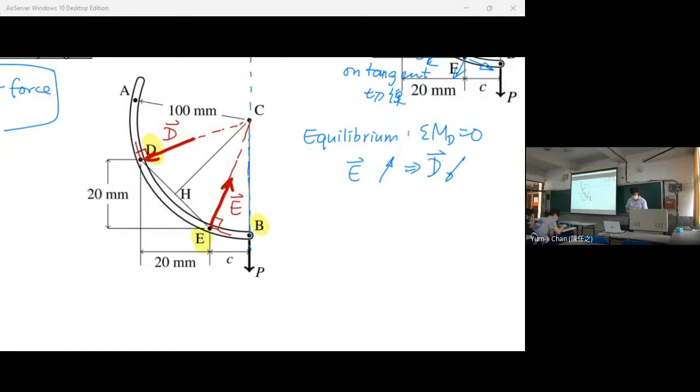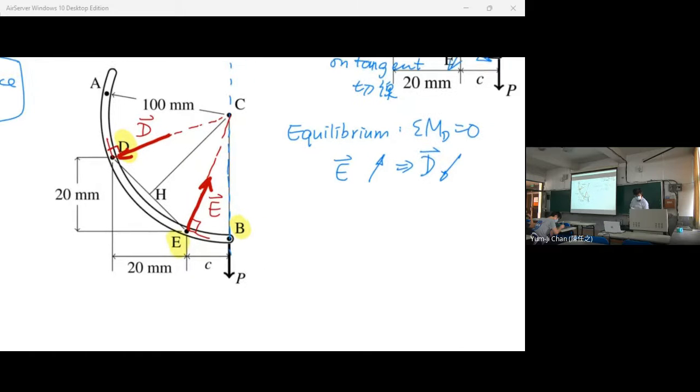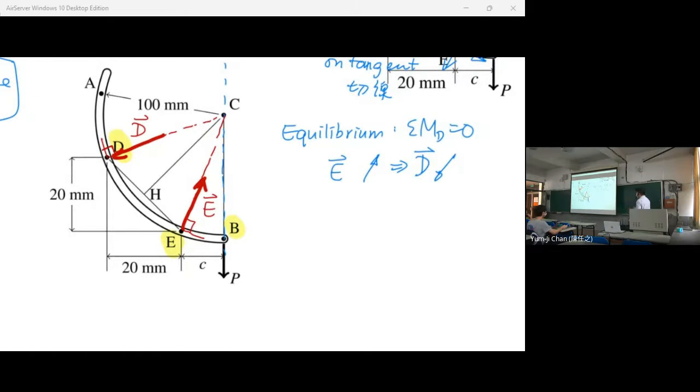We don't know the angle of this one, this one and this one. We have quite a lot of unknowns here. So where should we go from here? We determine the angles.